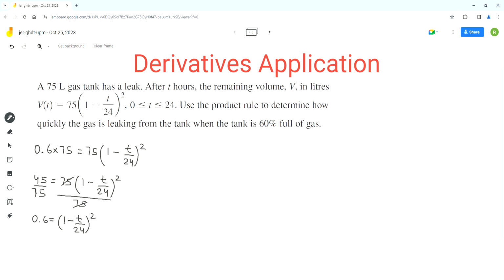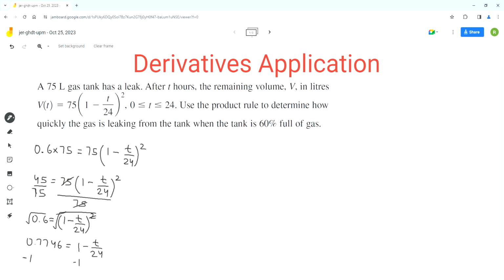Now we can apply the square root to both sides. So the square and the square root on the right side cancel each other out. Now the square root of 0.6 is equal to 0.7746 equals 1 minus T over 24. Now we can subtract 1 from both sides.